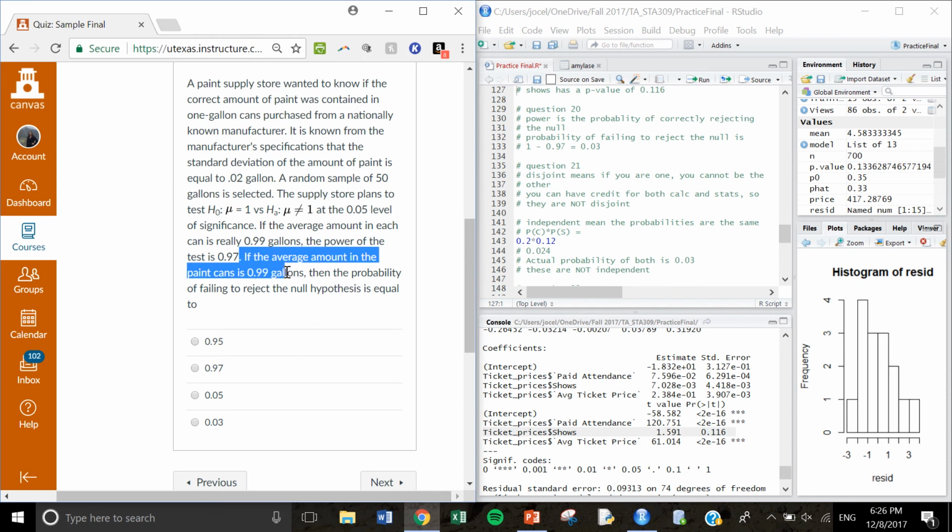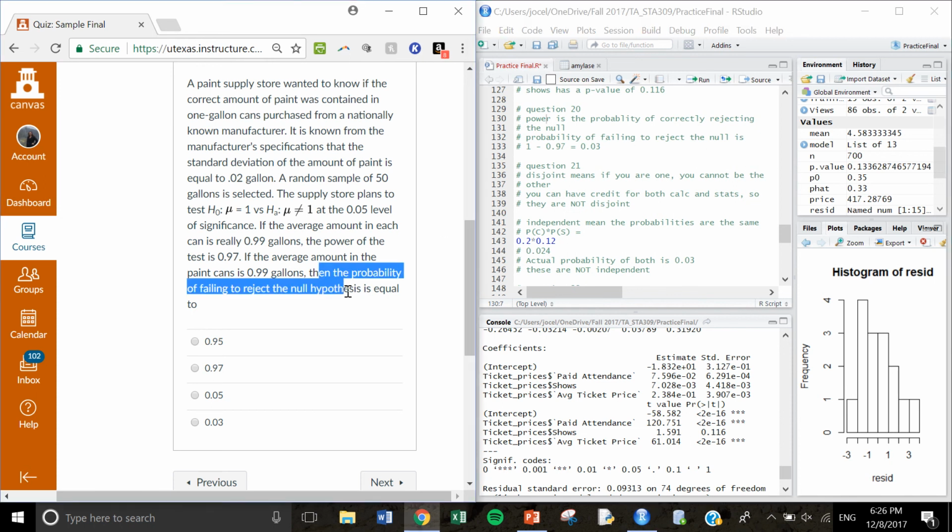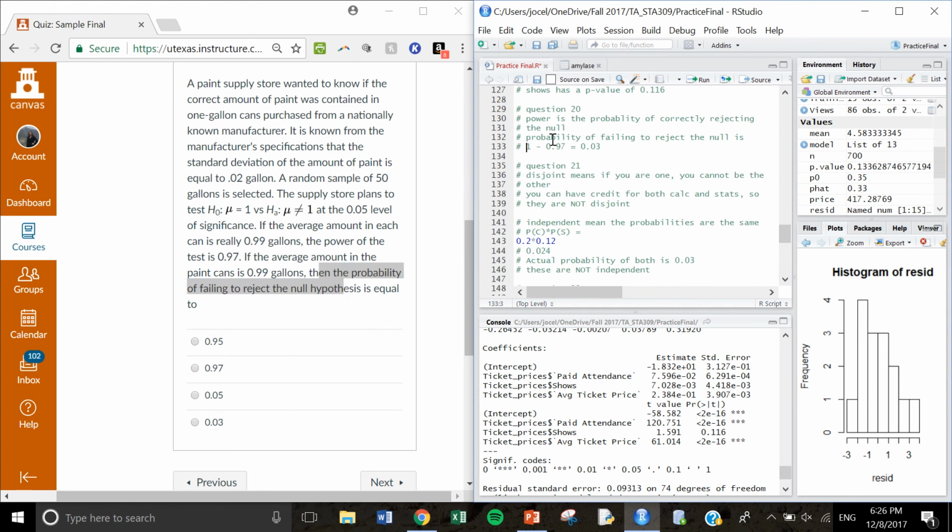If the average amount in the paint cans is 0.99, then the probability of failing to reject the null hypothesis is equal to something. So this is basically a definition question again. Power is the probability of correctly rejecting the null. So the probability of failing to reject the null hypothesis is just 1 minus the power of the test.